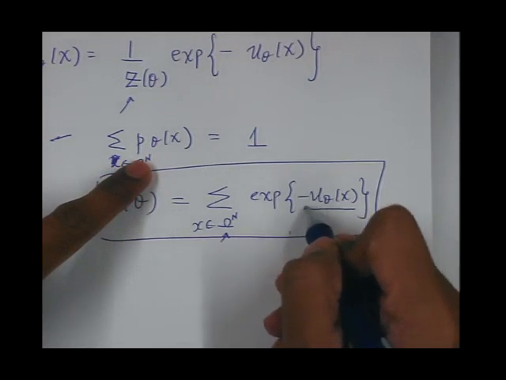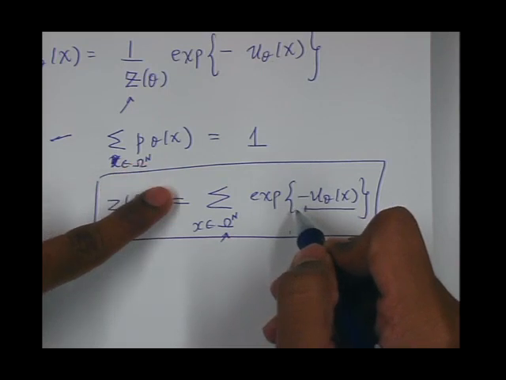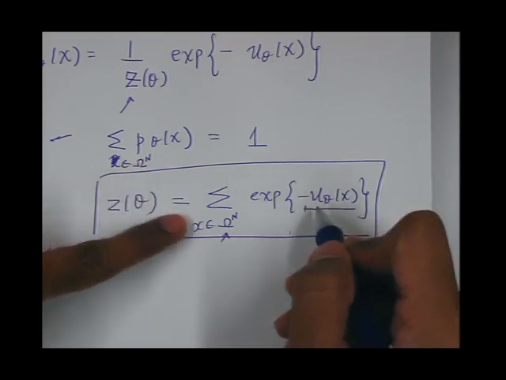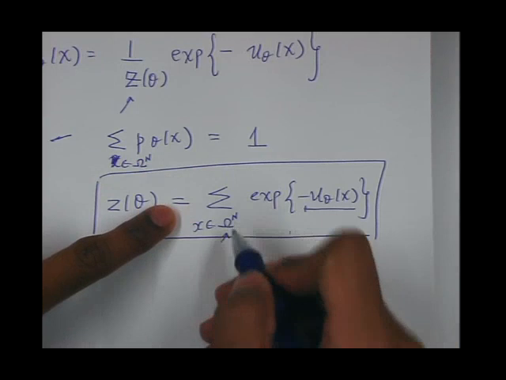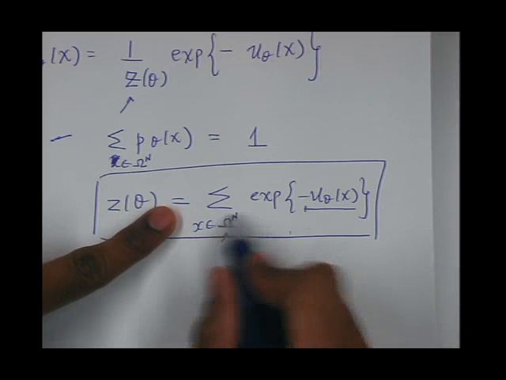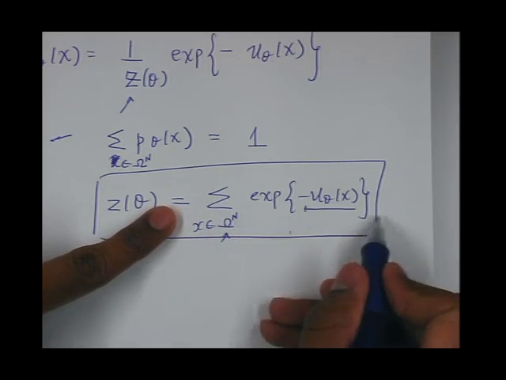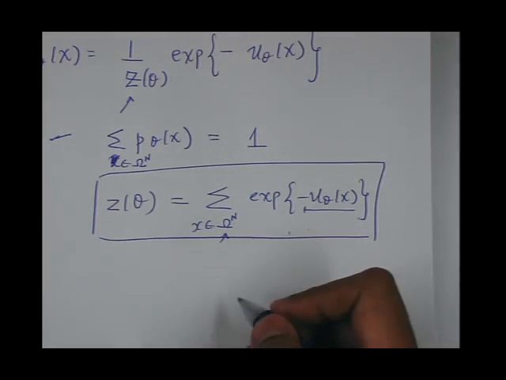That could be one reason, and we will see some examples maybe in the next chapter where the potential functions, the energy functions, are complicated. There are so many combinations of x. Exactly. So if you take a binary image of 1 million pixels, there are 2 to the power 1 million terms for this summation. So it's really hard. That's the main difficulty. The difficulty comes because it's an intractable sum. Alright? That's what makes the parameter estimation hard.